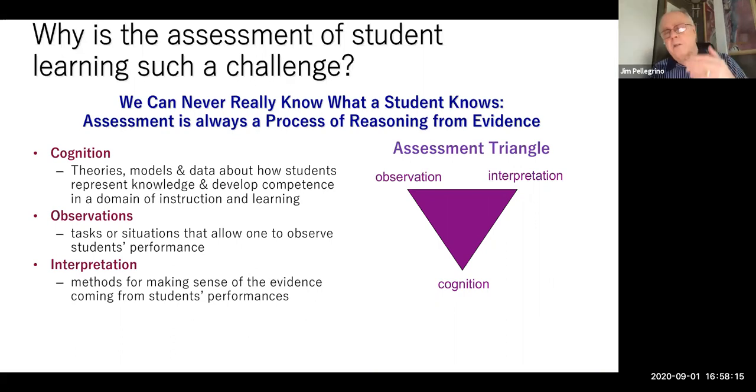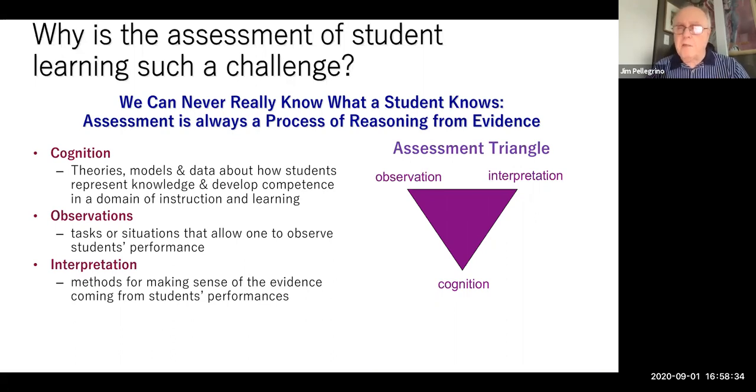And then, of course, the third piece is we have to make sense of the data that we're getting from those observations. So these three elements, cognition, observation, and interpretation, are linked with each other. And they have to be coordinated in order to build a quality assessment.